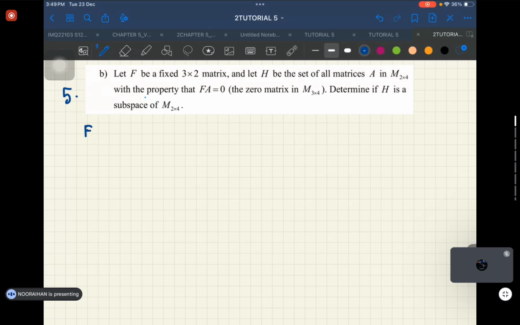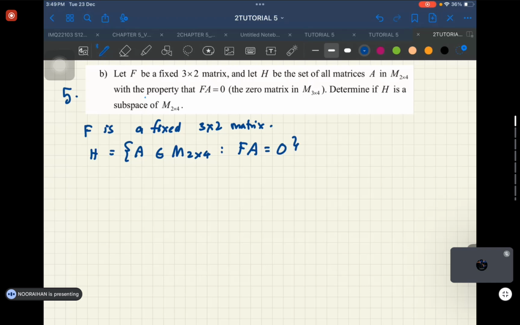F is a fixed 3 by 2 matrix, and then define H as the set of elements A, where A is a matrix 2 by 4 and FA is equal to 0, where 0 is a zero matrix in 3 by 4. Determine if H is a subspace of matrix 2 by 4.